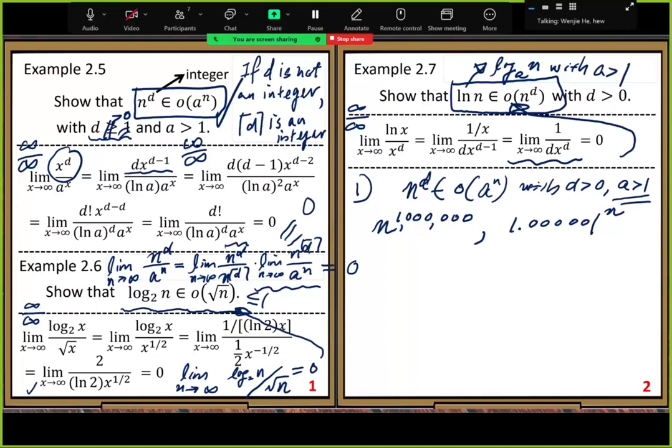Then I ask you, which function increases faster in the long run? When n is very large, which function increases faster? Because of a question like this, many people, when they answer, use their intuition.